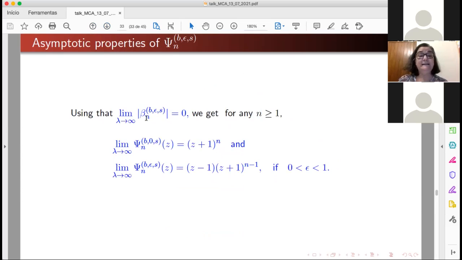Another thing that we managed to prove is that when lambda goes to infinity, the modulus of beta goes to 0. But now here we have two cases. When epsilon equals 0, the Sobolev polynomial goes to (z plus 1)^n, and when epsilon is different from 0, the behavior changes: the Sobolev polynomial goes to (z minus 1)(z plus 1)^(n minus 1).